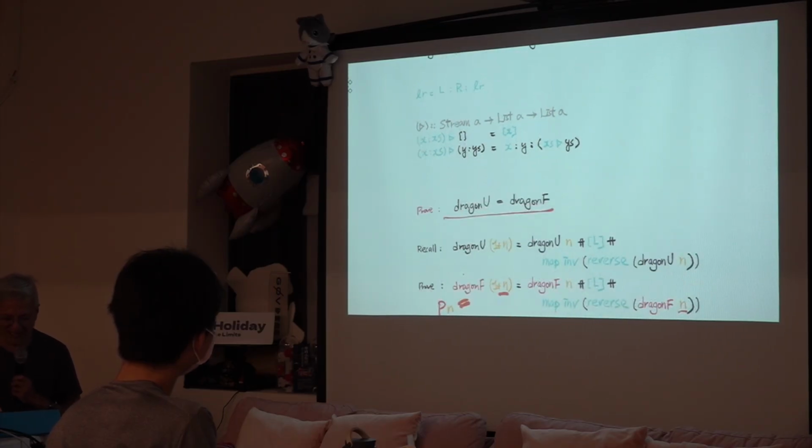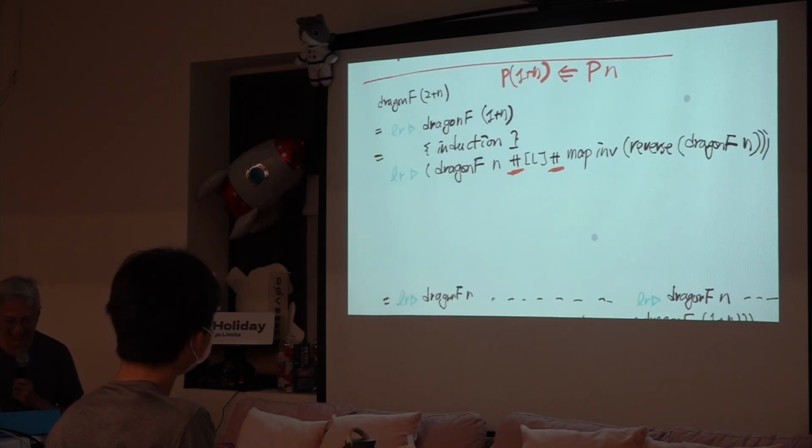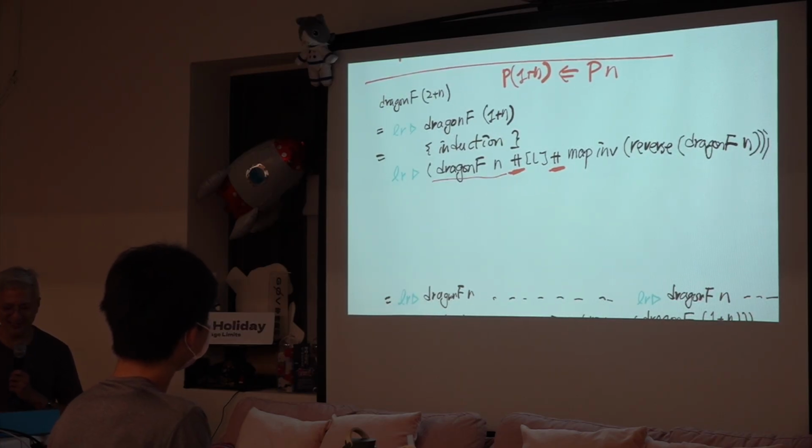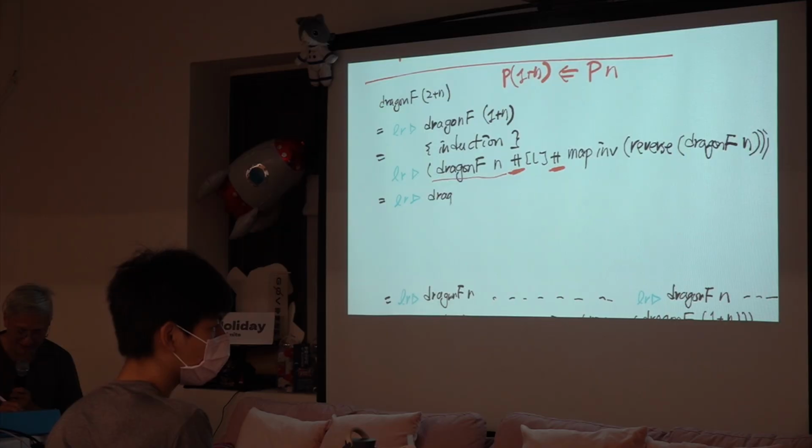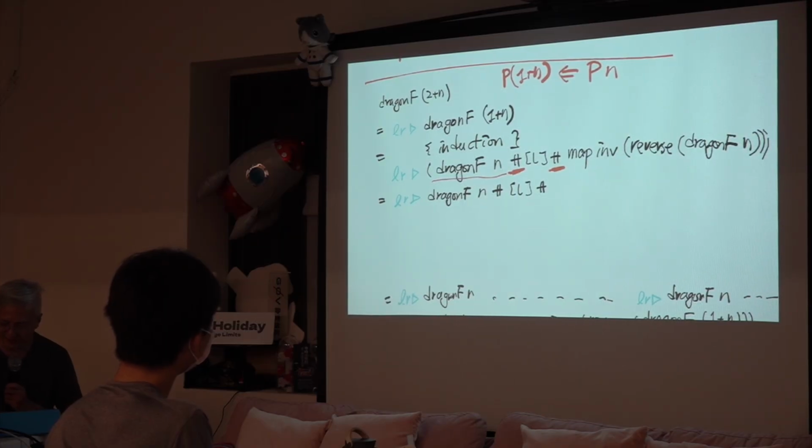So, right, let's see. Now this one has an odd length, so I can safely distribute LR next to dragon F. And with the L in the middle, with LR interleaved here already, and finally, map inv.